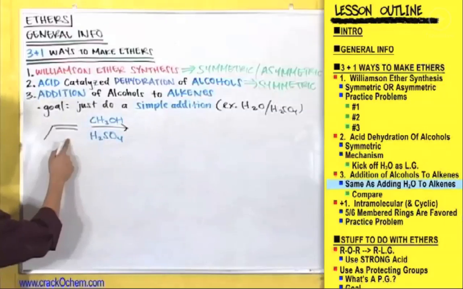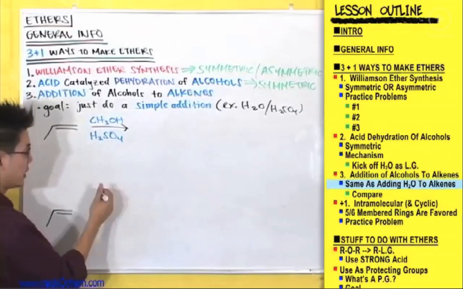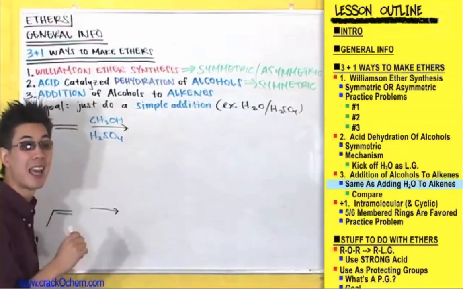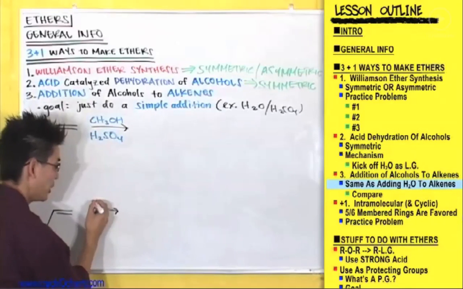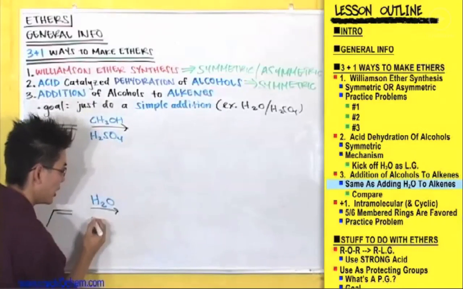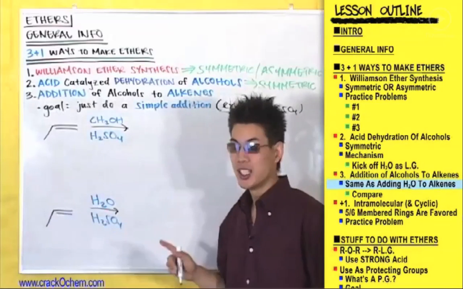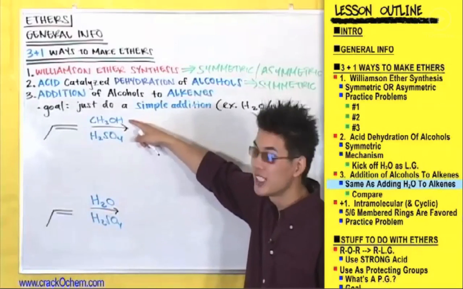Let me take this exact same double bond and let me have this react with water and H2SO4, and you're going to see how similar these two reactions are going to be. So let me go ahead and add in water and H2SO4. The only difference here, you guys, is that instead of adding in water in this reaction, we're adding in an alcohol.